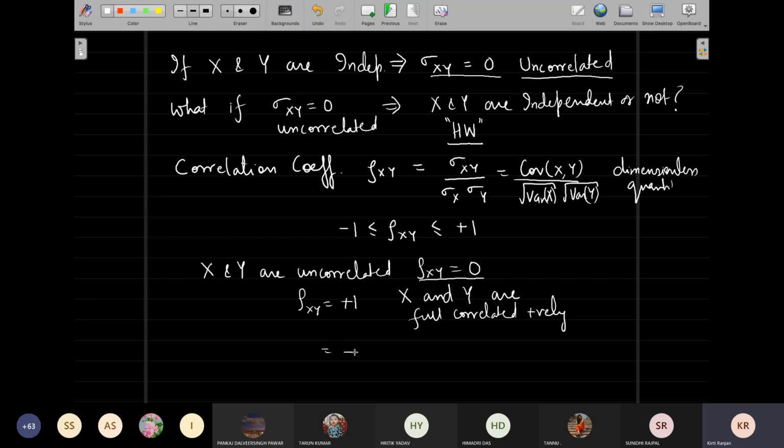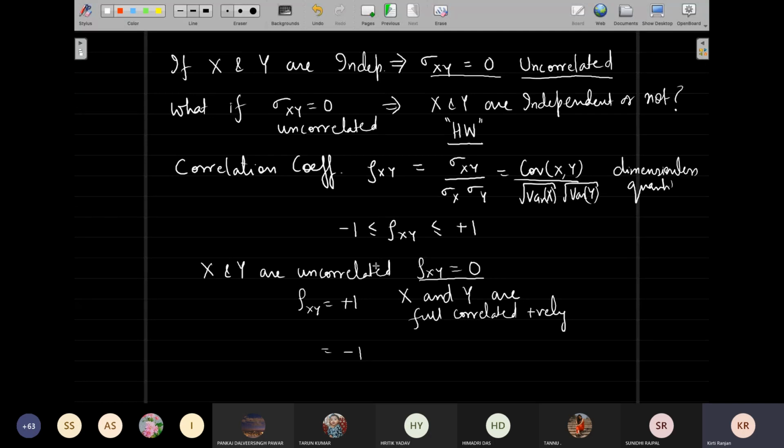If rho xy is equal to -1, they are still fully correlated but negatively, which means that if x is going in the up direction, then y is going in the down direction. When rho xy is equal to +1, if x is increasing, then y will also be correspondingly increasing. In between -1 and 1, what we get is partial correlation, that x and y are correlated but may not be completely correlated.